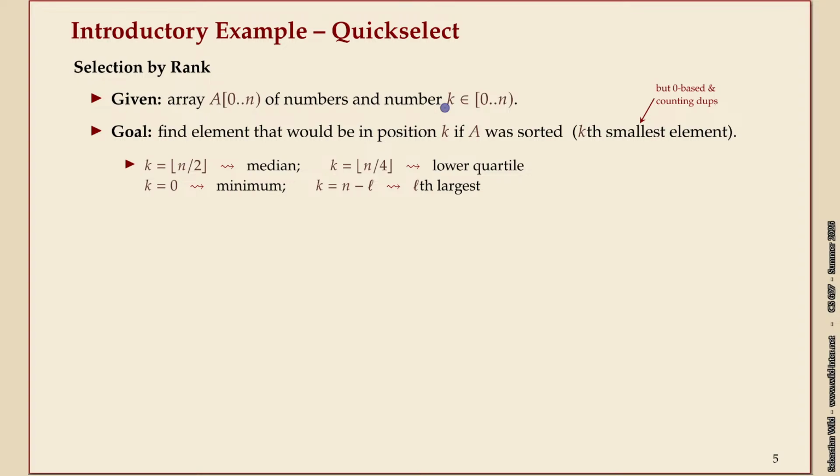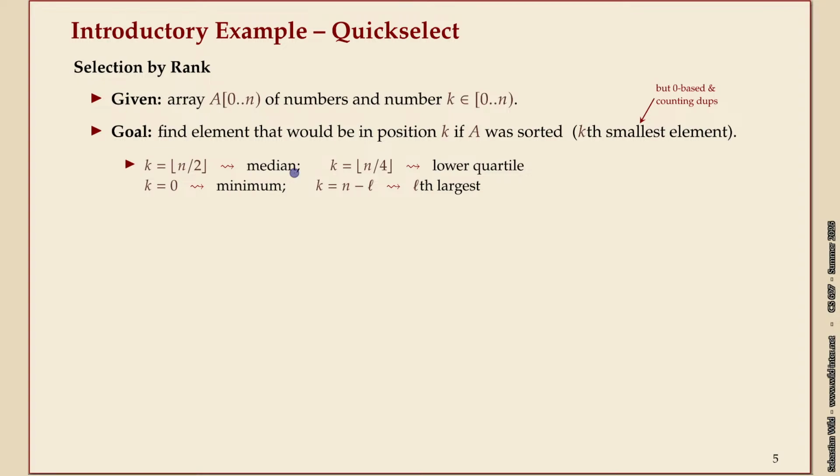Then if you say the kth smallest, does that include duplicates? And what about all the elements that are equal to the kth smallest? You can avoid all that if you just say it's an element that could be in position k in the sorted list. Makes discussions here a bit easier. But for all that follows, you can assume that the numbers are distinct, and then it's really the same.